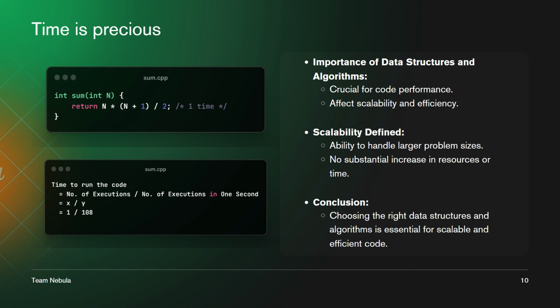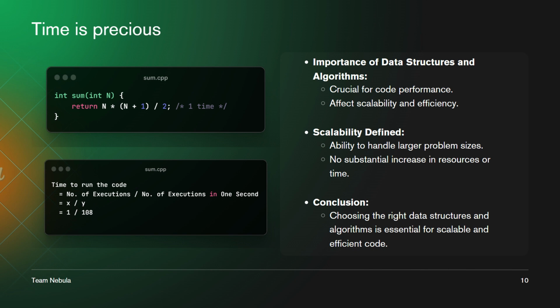But we can do better. By using the formula for the sum of the first n natural numbers, which is n multiplied by n plus 1, divided by 2, we can create a much more efficient algorithm. So, this code executes in just one instruction, no matter how large the value of n is.